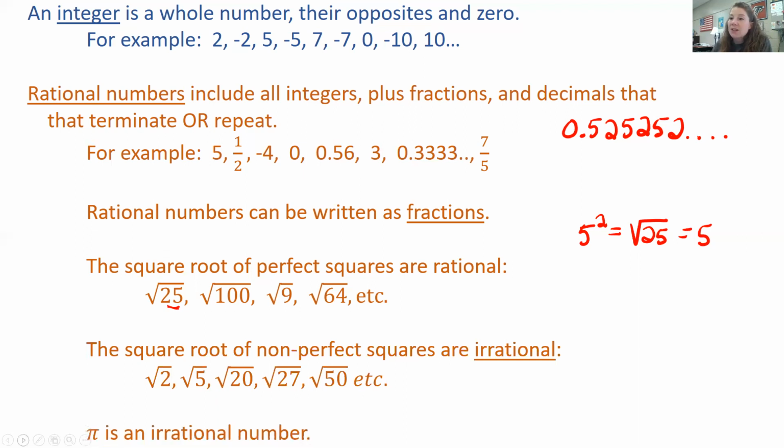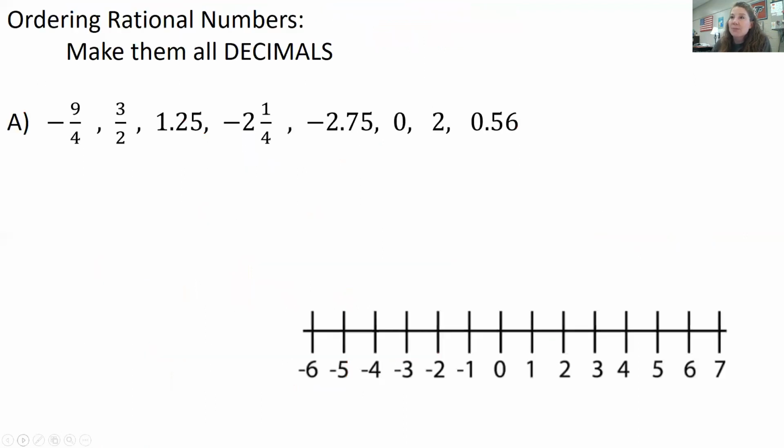And then, like I already said earlier, pi, that symbol that has to do with the circumference of a circle divided by its diameter, we always get that number pi that we estimate to be about 3.14. Pi is irrational. All right, so there's 2 vocabulary terms for you, integers and rational numbers.